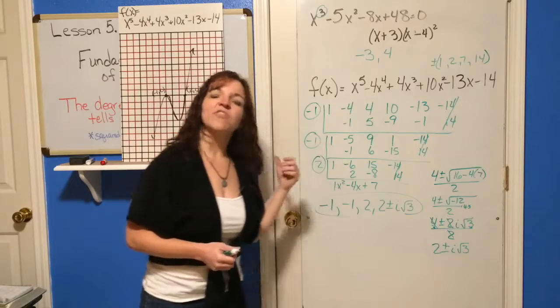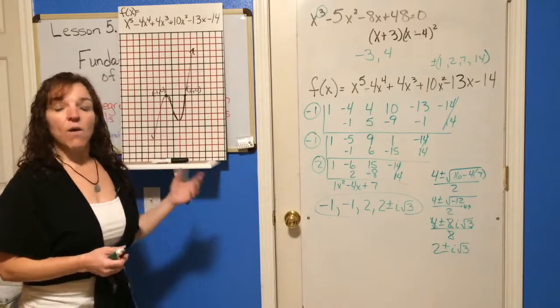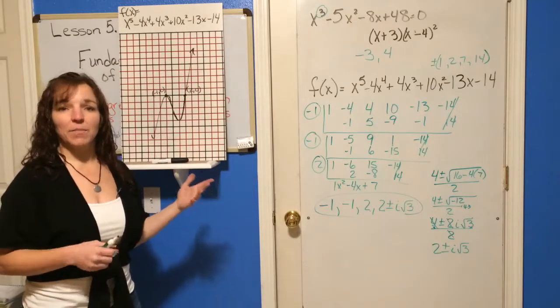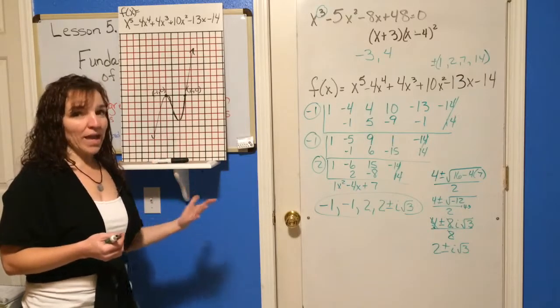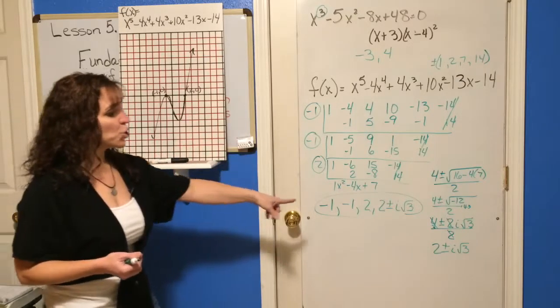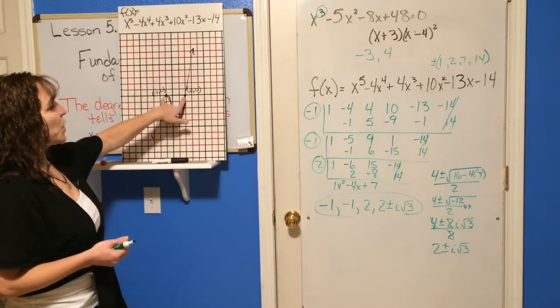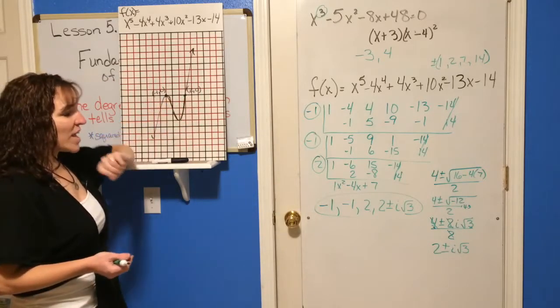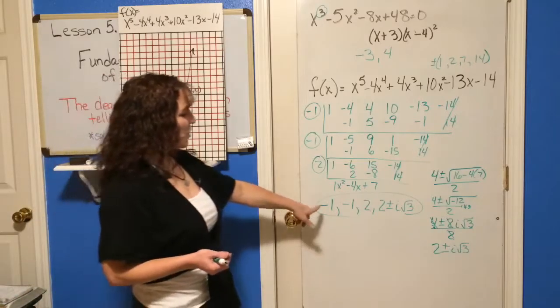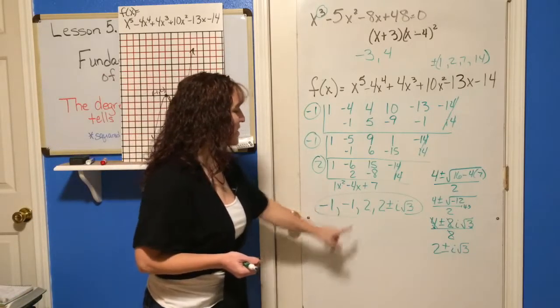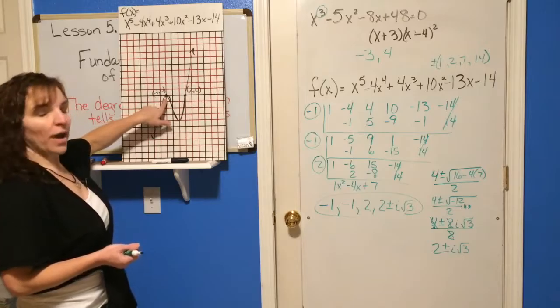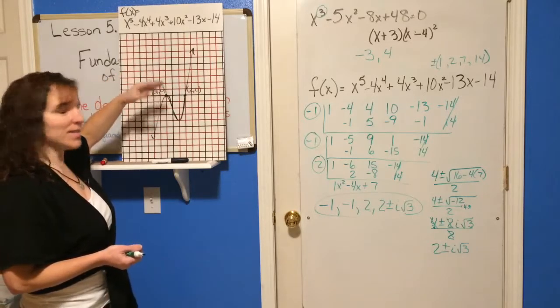So if you were to graph this function and say, oh, I'll just graph it and then I can get my zeros that way, well, you can, but you're not going to get all 5 of them because 2 of them are imaginary. So you're only going to get the zeros that are real. And if you'll look, this negative 1, because it shows up twice, only shows up once on our graph. You can't cross twice in the same spot.